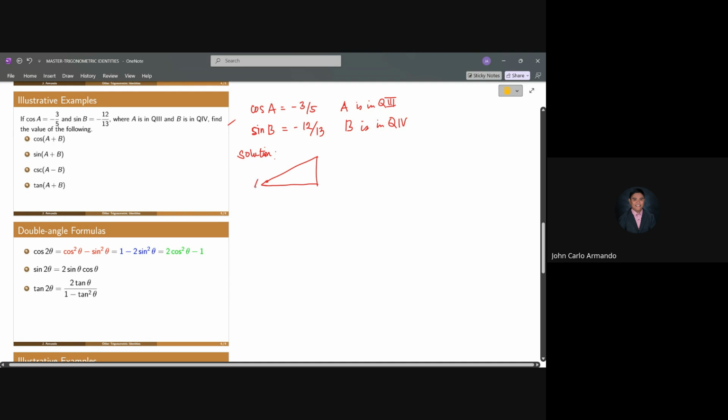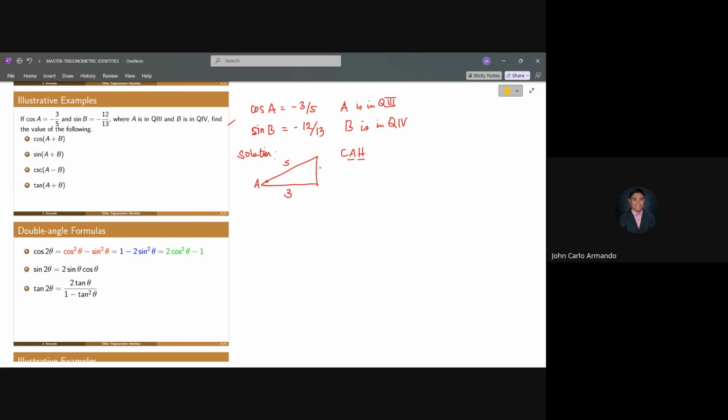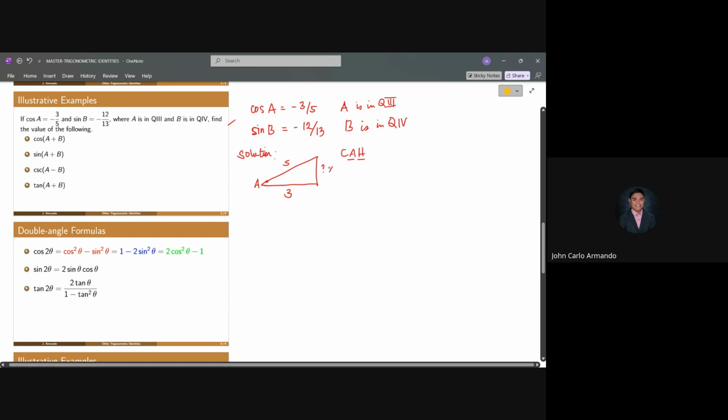If we have angle A and cosine, we know that cosine is adjacent over hypotenuse. So your adjacent is 3 and your hypotenuse is 5. We can now solve for the opposite side, let's say x, using the Pythagorean theorem. That's x squared is equal to 5 squared minus 3 squared. We use subtraction because the missing side is the leg, not the hypotenuse.